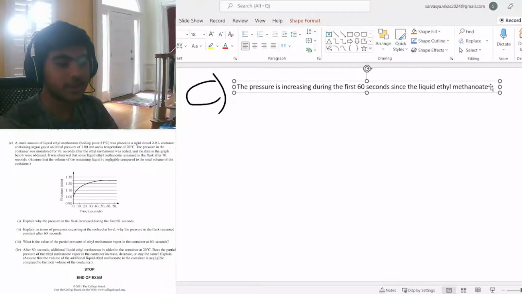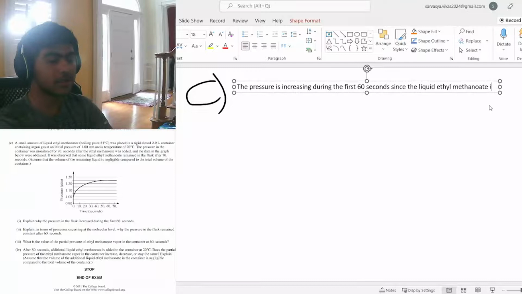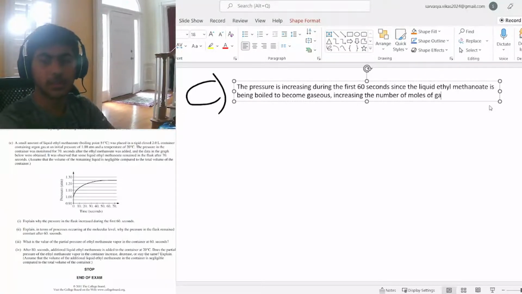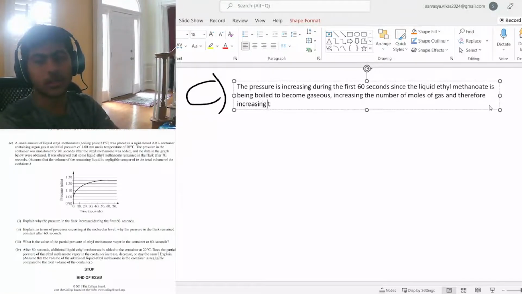Liquid methanoate seems like it should be right, but nothing I can do. And since liquid ethyl methanoate is being boiled to become gaseous, increasing the number of moles of gas, and therefore increasing the pressure in the container.